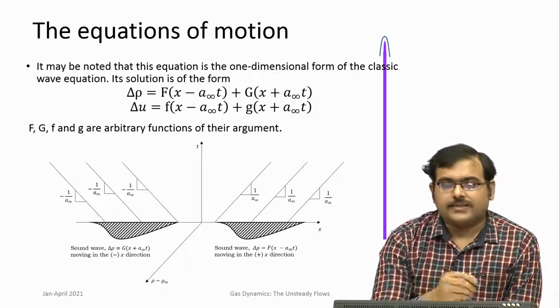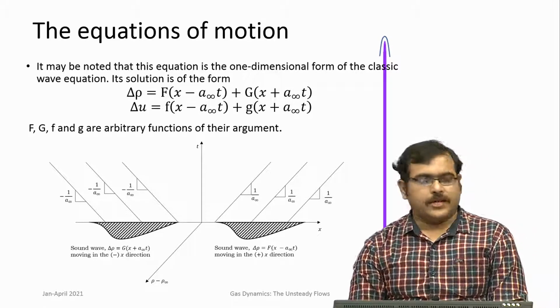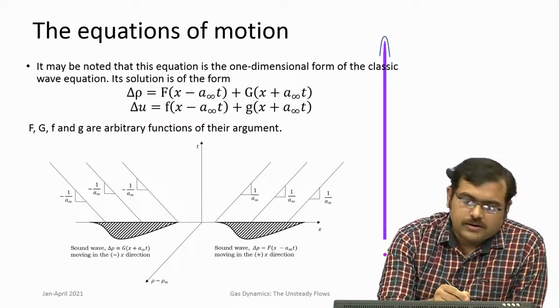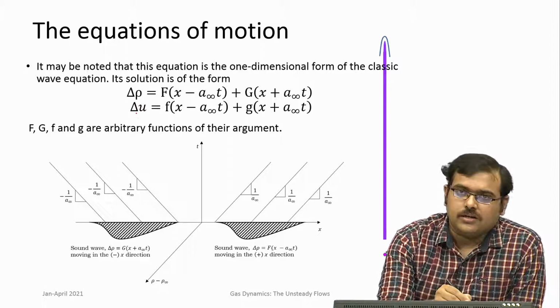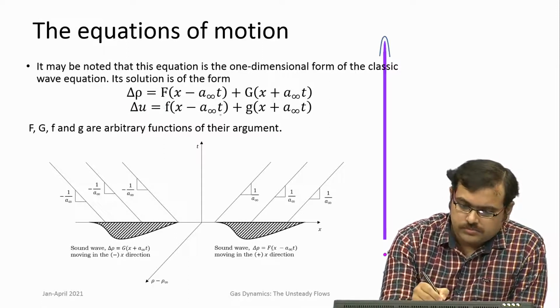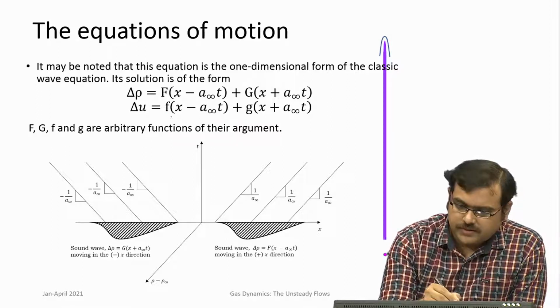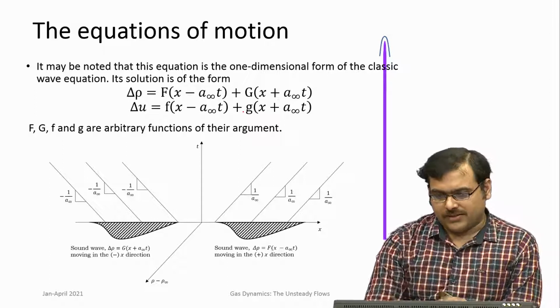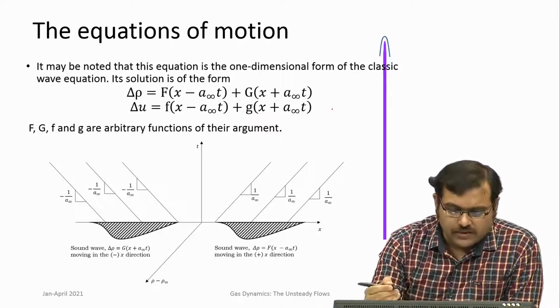You can get the same wave equation for the change in velocity delta u, and these are taken to be small f and small g functions. This is the D'Alembert solution to the wave equation.